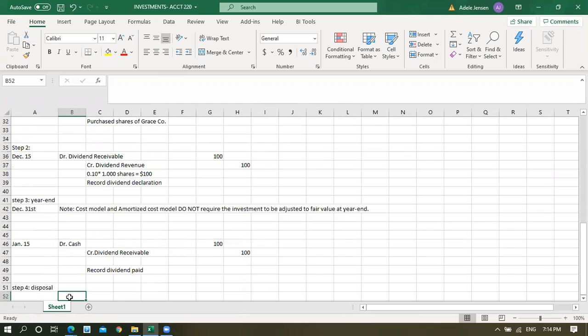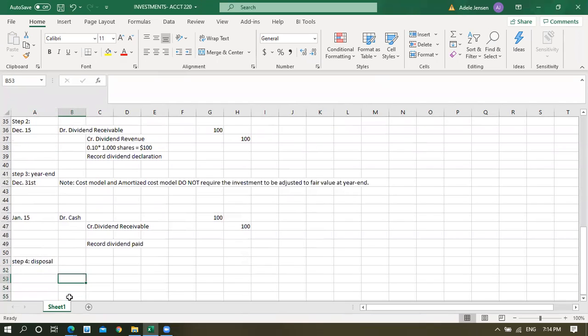Alrighty, so we know that we're selling the investment, so we know that cash is going to increase. We also know that the investment at the cost model is also going to decrease, so we're going to credit that. Now, we don't quite know whether we're going to debit or credit the gain or loss account yet.